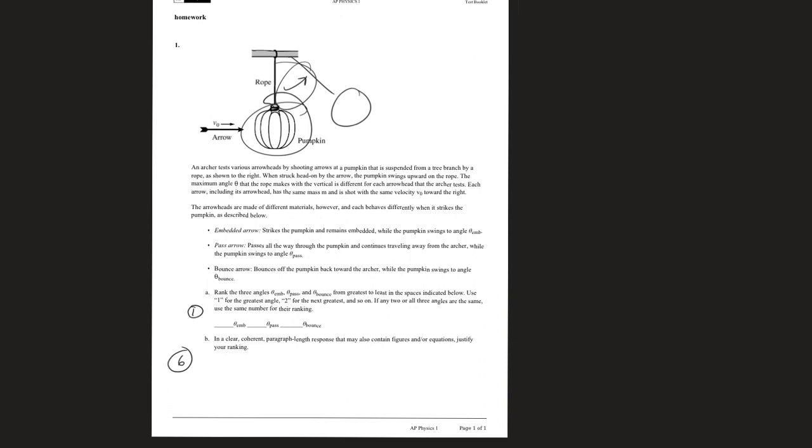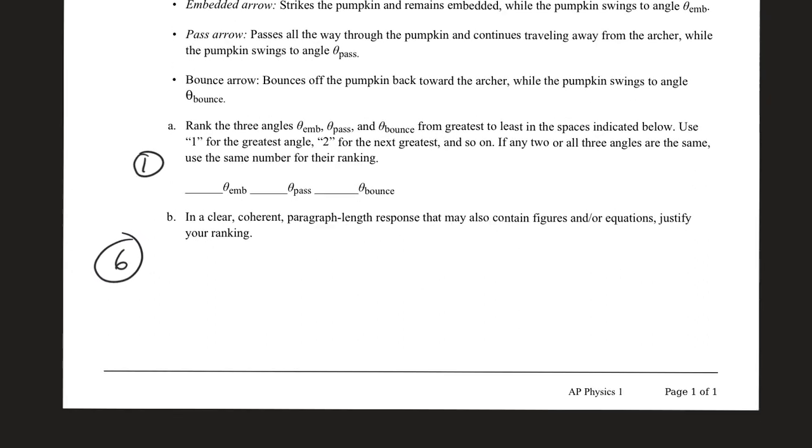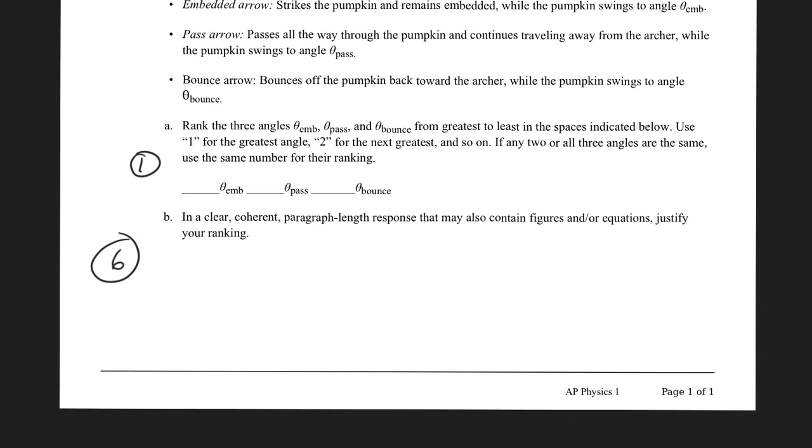All right, this is a collision. So in your paragraph, did you mention something about the impulse experienced by the arrow is equal to the impulse experienced by the pumpkin? I think that's the first thing. There should be an impulse argument to equate the change in the momentum of the arrow to the change in the momentum of the pumpkin.